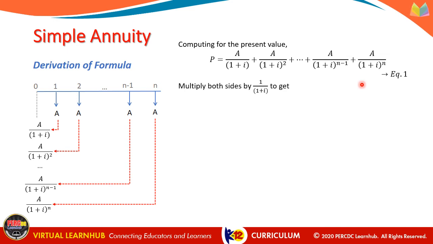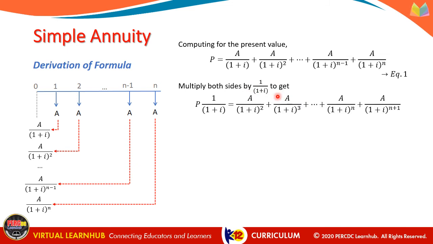For our next step, we multiply both sides by 1 over 1 plus I to get P times 1 over 1 plus I. We just multiply this P with 1 over 1 plus I. That is equal to A over 1 plus I squared.